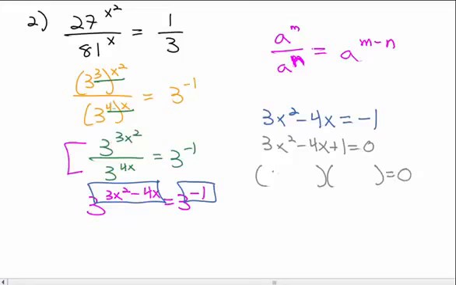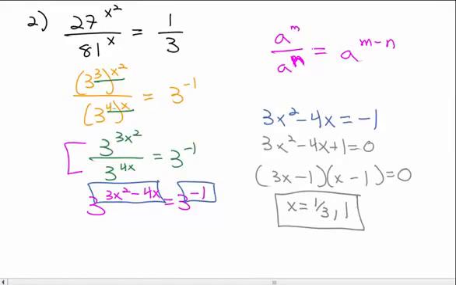Factoring 3x minus 1, x minus 1, and then set each factor equal to 0 to give us x equals 1/3 and 1 for our final solution. So as this problem illustrates, sometimes the exponent properties of adding or subtracting exponents are going to help us to get rid of the base and focus on the exponent.